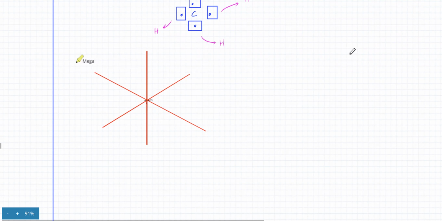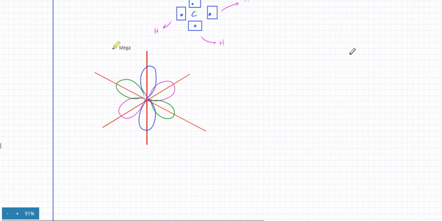On one axis there's a px orbital with an electron in it. On the other one there's a py orbital with an electron in it, and on the third one you have, let's say, a pz with one electron in it.